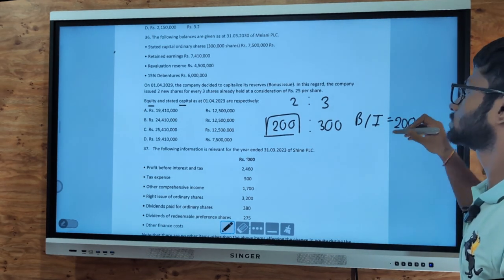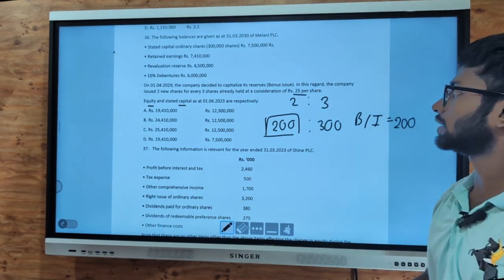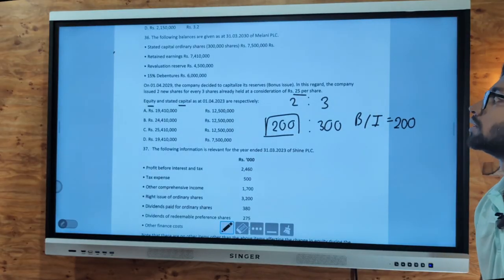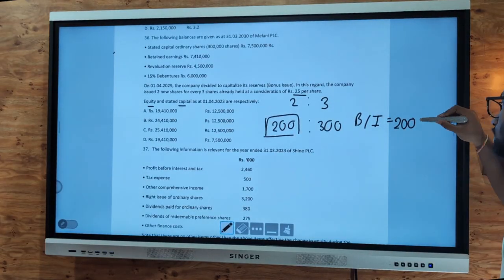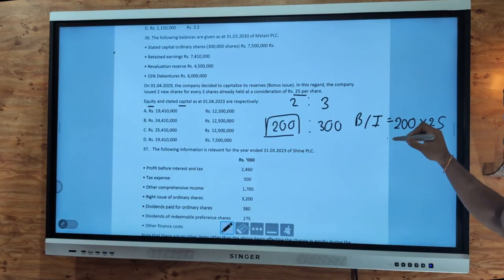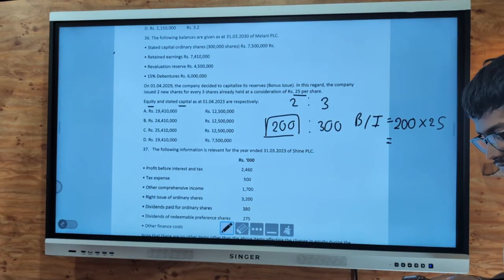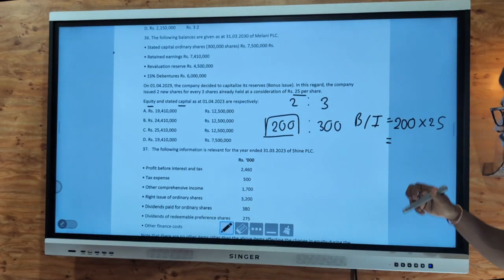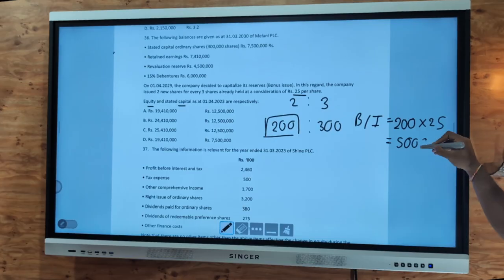Bonus issue 200 at a price of how much? Which is 25. At a consideration of 25. So 200 into 25. We get 5 million.